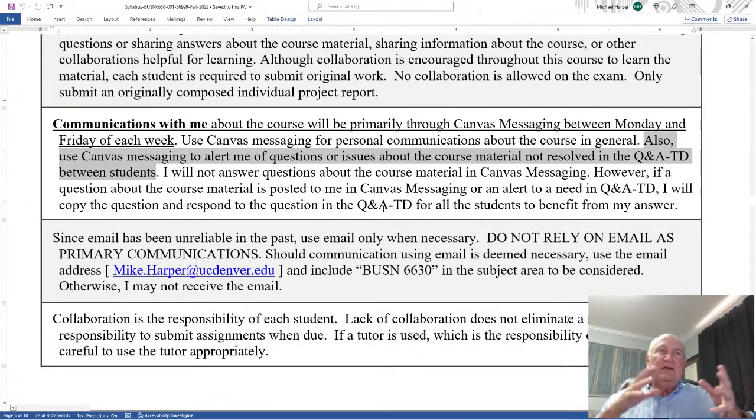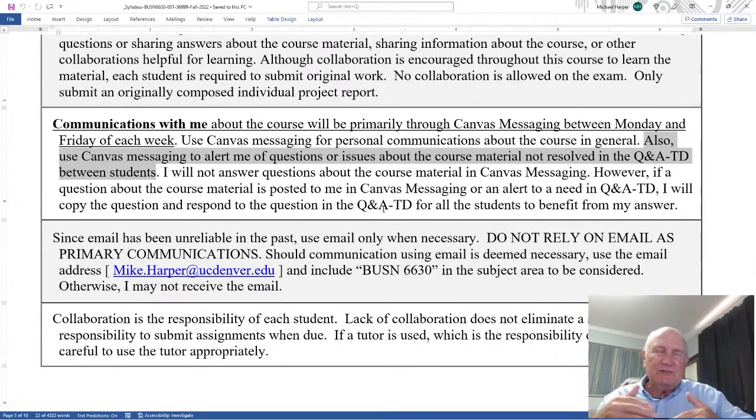In other words, if in the threaded discussions people go back and forth and you think something is wrong or it's not clear, it doesn't work, then you can ask me to come and look at this in the threaded discussions and post that on Canvas messaging. I'll see that on Canvas messaging, I'll go and look, and then I will respond to it and help.